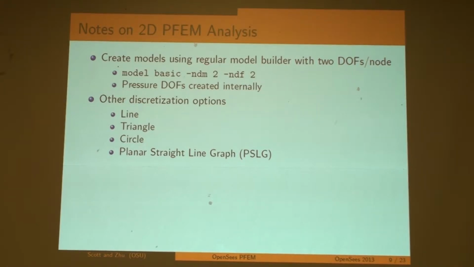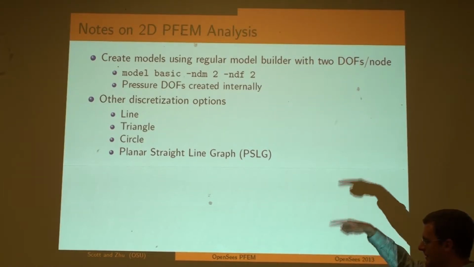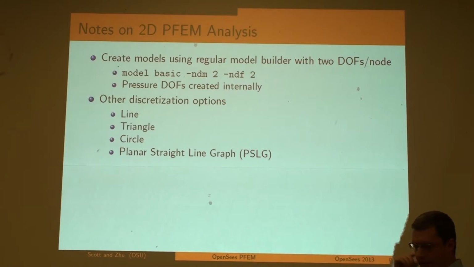The pressure is kept hidden from view, if you will. Okay. We can also discretize other areas or regions, such as lines, triangles, circles, and planar straight line graphs, which is just a bunch of points that allow you to do arbitrary discretization into a group of points.